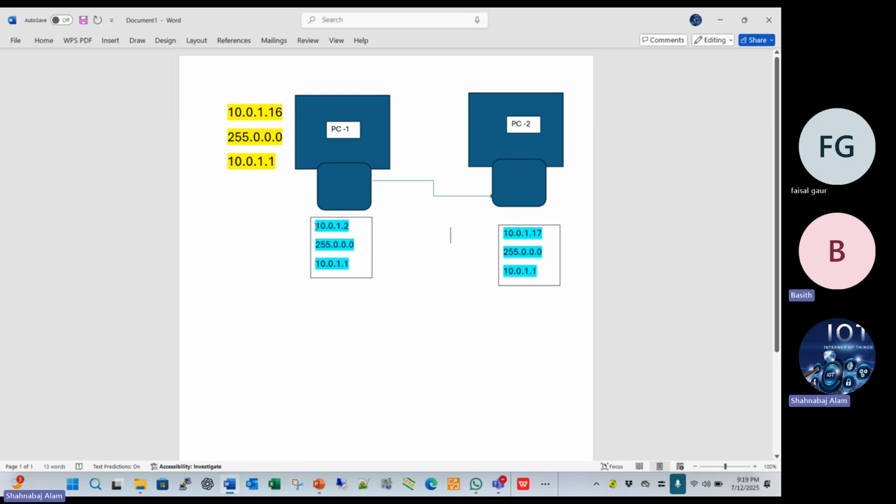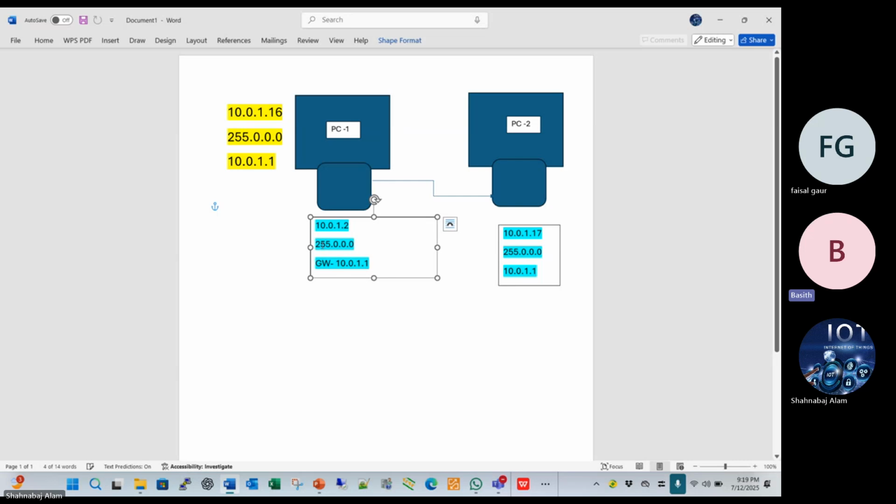Bro, what is this 10.0.1.1? This is the gateway.